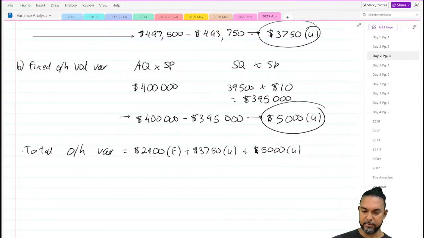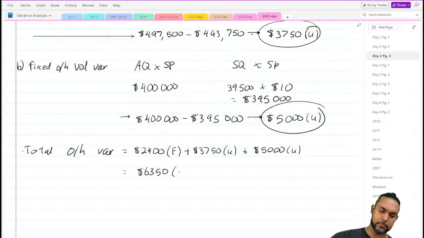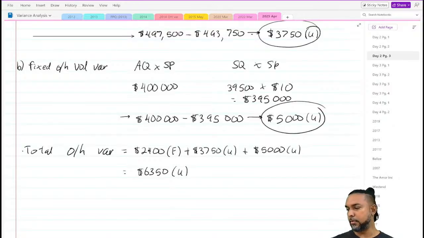So that's going to give us 6350. Yeah, so 6350 unfavorable. Cool.